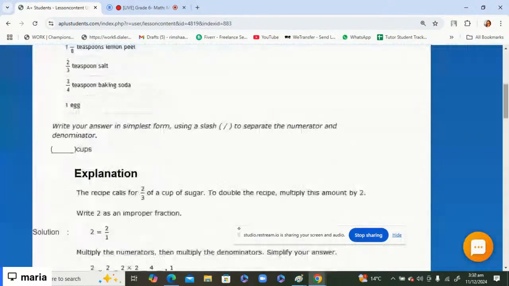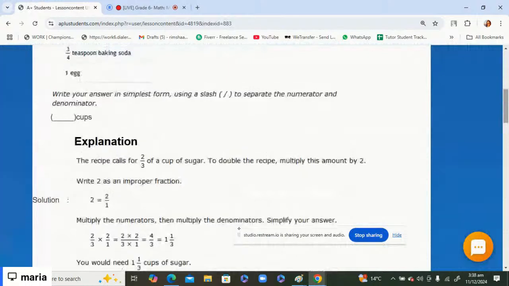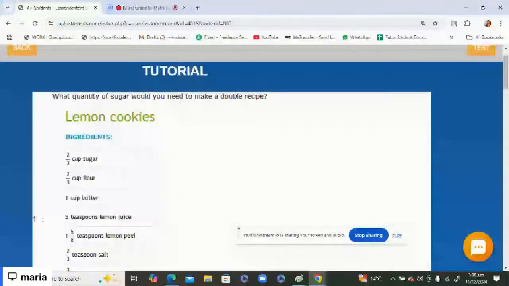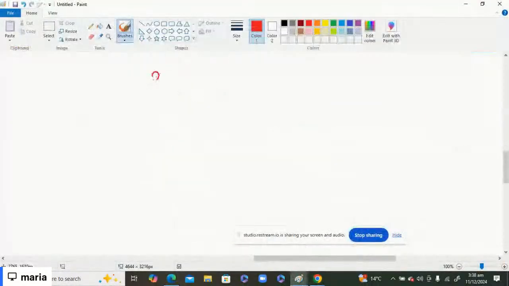A recipe calls for 2/3 of a cup of sugar. To double the recipe, multiply the amount by 2. So if you're going to double the recipe, it means multiply by 2.